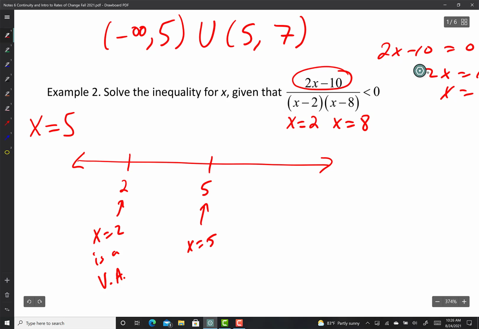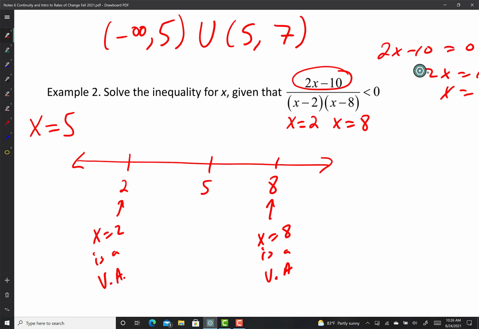Oh, that was a lie. 5 is not an asymptote. And 8. X equals 8 is a vertical asymptote. Sorry about that. Wait, so what is 5 again? 5 is just where it crosses the x-axis. It's a 0.